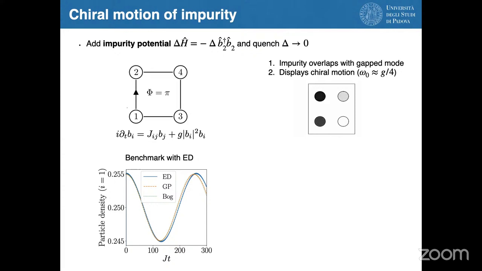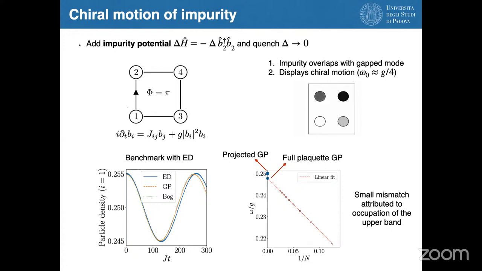And you can benchmark it. In this case, we were in the almost classical limit with a large number of particles, so we use the GP equation and compare with the exact diagonalization. The mismatch was studied as a function of the number of particles, and the convergence is pretty stable.